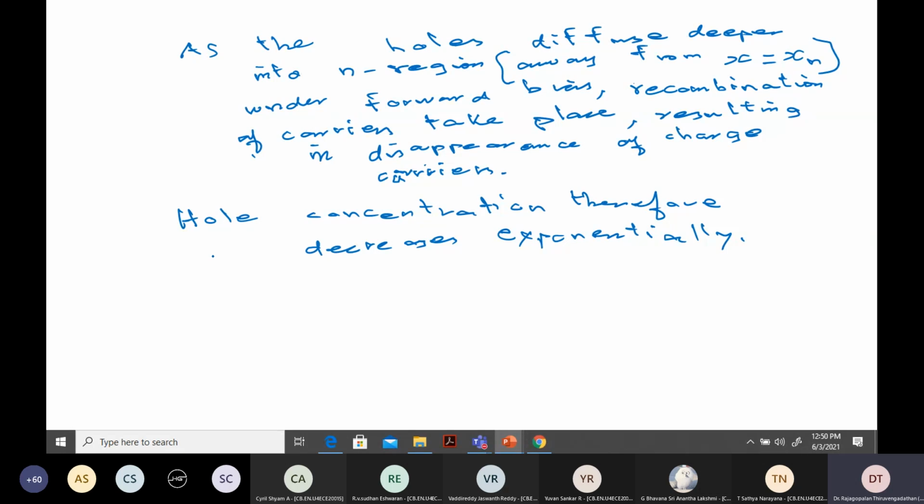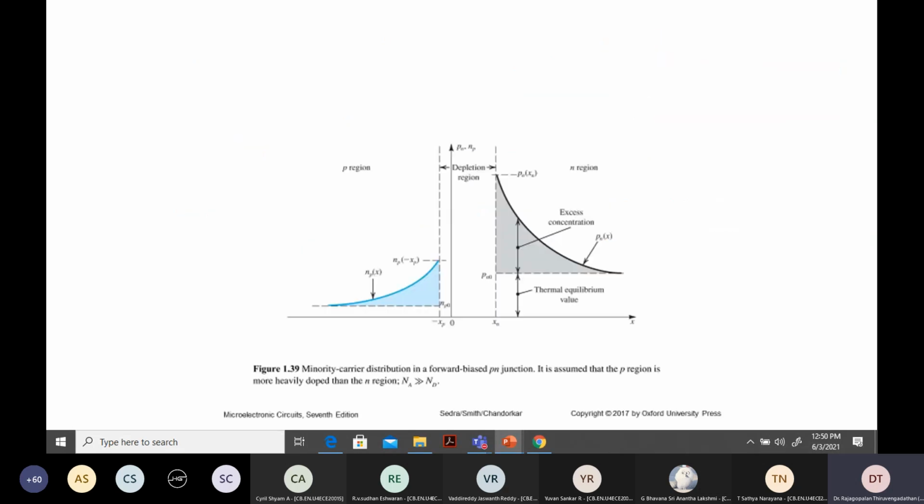So this disappearance is seen in this picture. Please look at this picture carefully here. This is the minority carrier concentration profile. I already discussed some of the aspects. You can see this is my X, this is my concentration profile, and my starting value is Pn naught and Np naught.